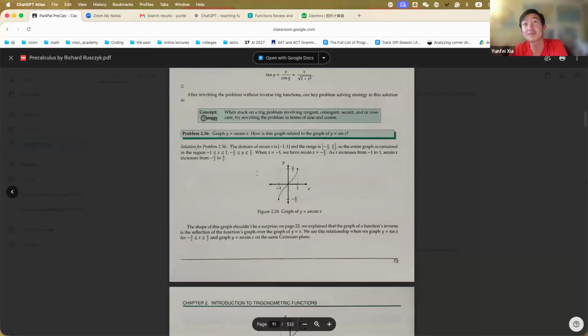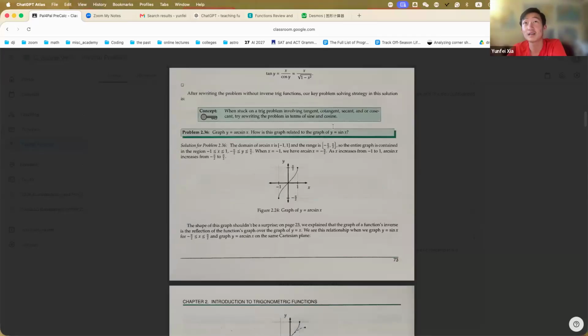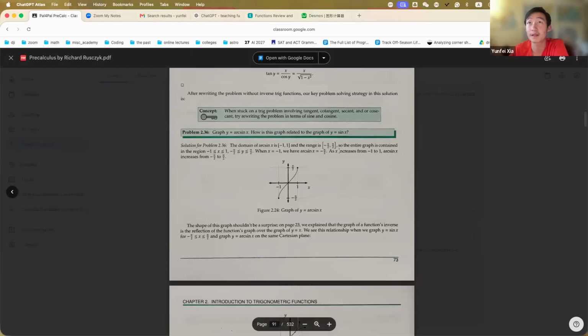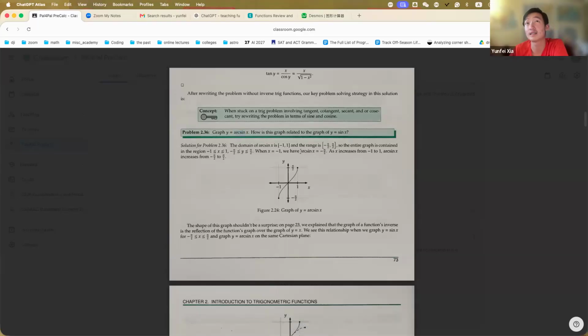Oh, you know what? This seems kind of relevant. How's the graph related to it? You do not have to have any idea on sine and arcsine for now. However, you do have to know for a fact that arcsine is the inverse of sine. And you can forget about the domain and range for 1 second and see if you can come up with anything about this.